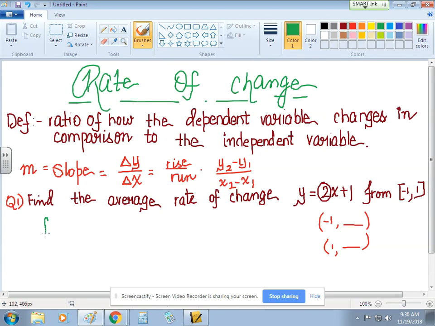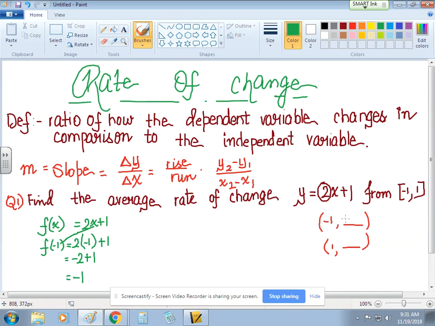We just plug into the function. Our function is f of x equals 2x plus 1. So f of -1 is 2 times -1 plus 1. 2 times -1 is -2, plus 1, and that gives us -1.